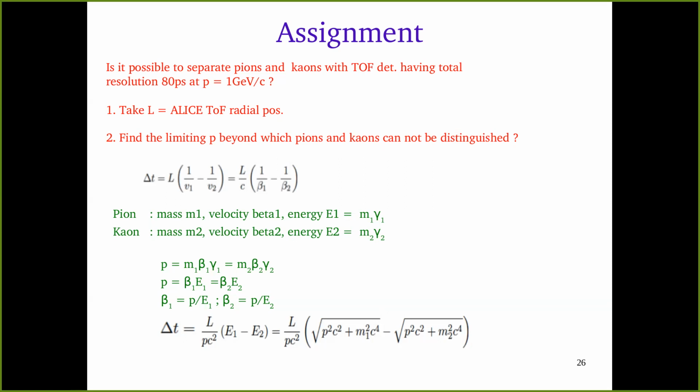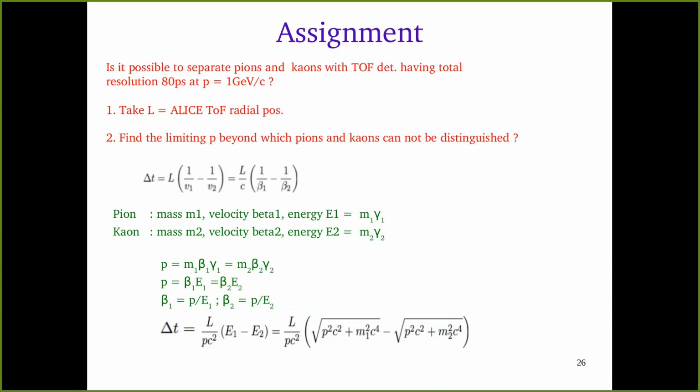It was an easy one. Since you already have the idea of relativistic kinematics, you can just do a little bit of algebra to find the solution. So what was the problem? The problem was that if you have pions and kaons, and a TOF detector with an overall resolution of, say, 80 picoseconds, which is just a rough number, can you separate them at momentum equal to 1 GeV?